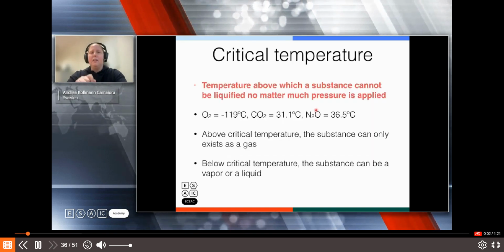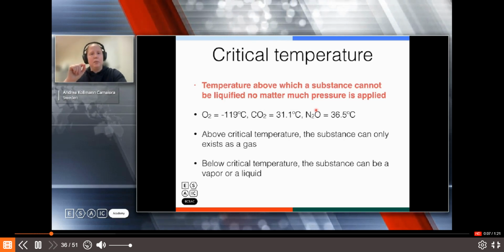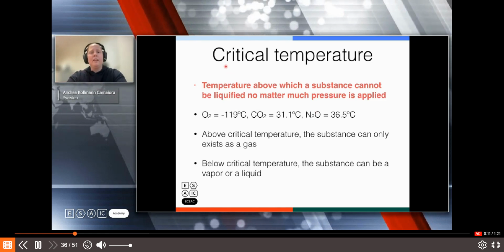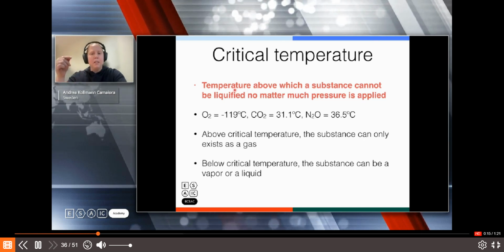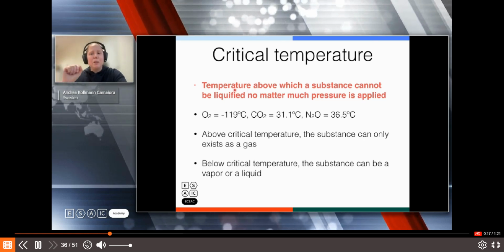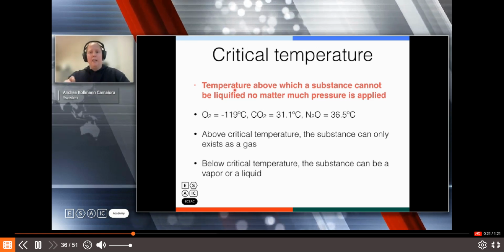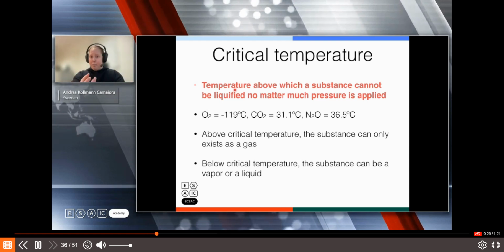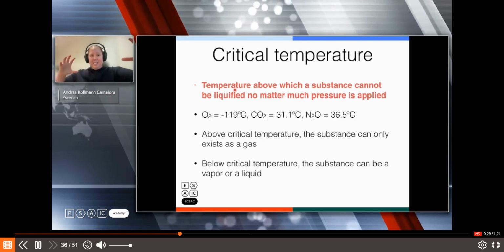Then we're going to move into critical temperature. Everything has to do with the standard temperature and pressure, the Avogadro number and the mole. So the critical temperature is the temperature above which a substance cannot be liquefied, no matter how much pressure is applied. So I have my substance, and if I put it above the critical temperature, it doesn't matter.